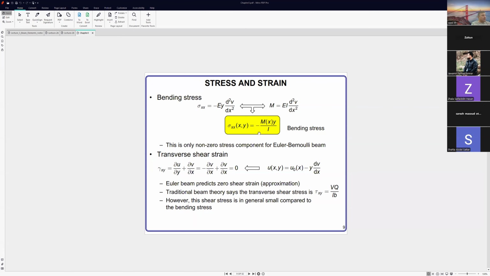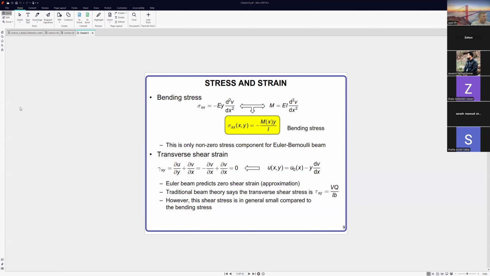So here we have sigma xx equal to minus E y d squared V over dx squared. After substituting d squared V over dx squared equal to moment over E I, E goes with the E, and what's the remaining?